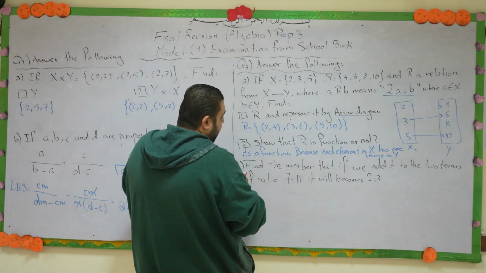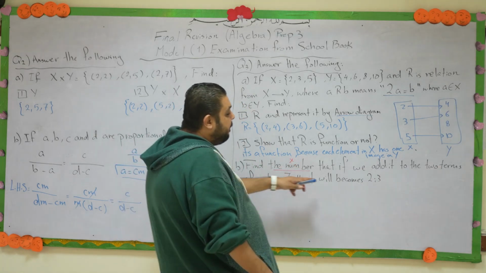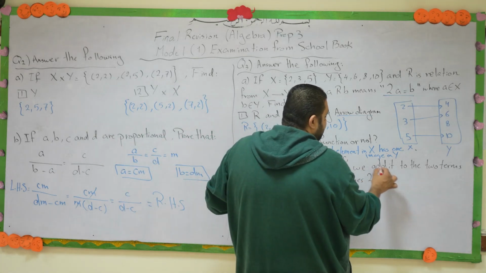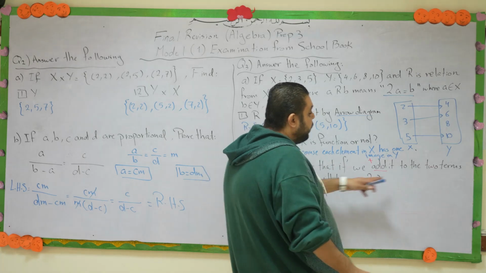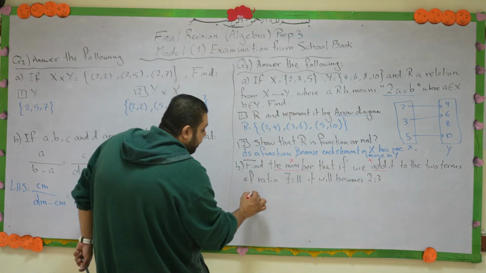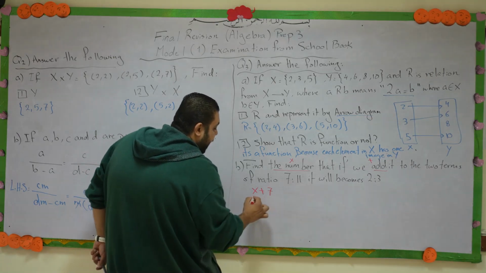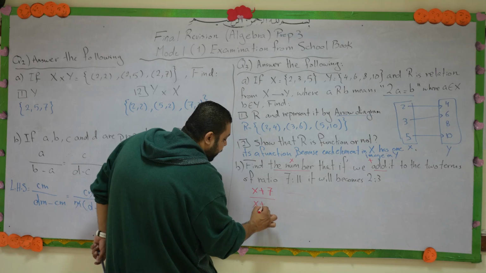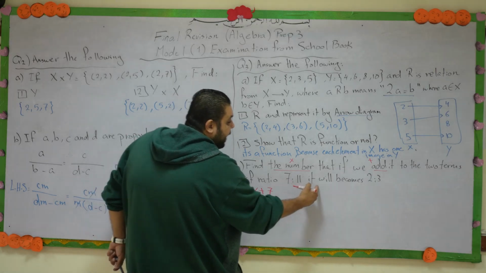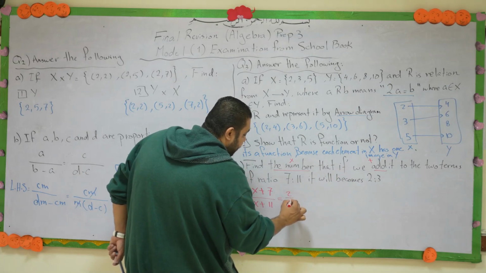Number B, find the number. I don't know this number, I will call it X. If we add 7 and 11 to the two terms, meaning X plus 7 and X plus 11, it will become equal to 2 over 3.